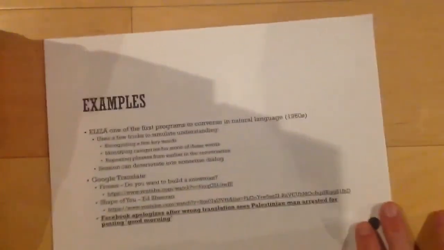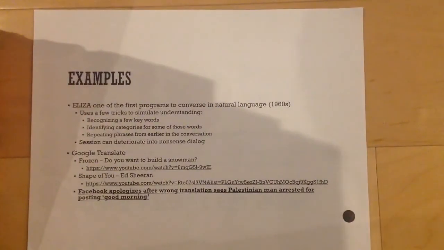So, examples. ELIZA, which is actually what you're going to spend some time with in the lab, was one of the first programs to converse in natural language. It used a few tricks to simulate understanding. It would recognize a few keywords, identify categories from some of those words, and repeat phrases from earlier in the conversation.